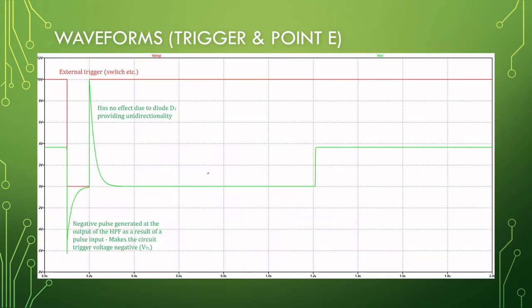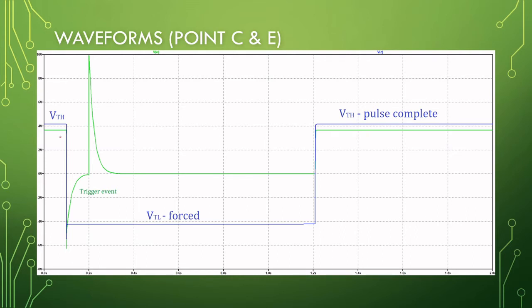So let's look at the waveforms. The red signal is the input trigger, and here are the positive and negative of the discontinuities. With the discontinuity, a low trigger point is forced.